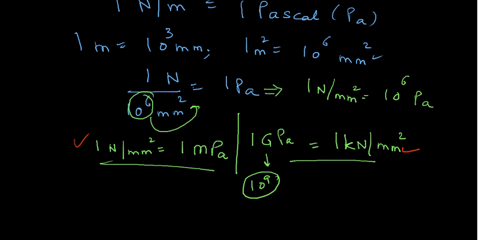Okay. Now, as we have discussed, stress is the resistance offered by the internal fibers of the material per unit cross section area. Let's look at the different kinds of stress that we have.